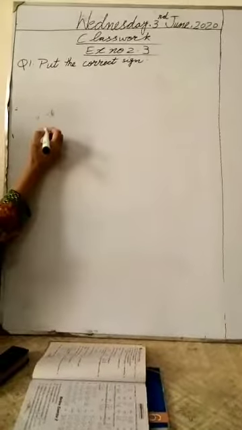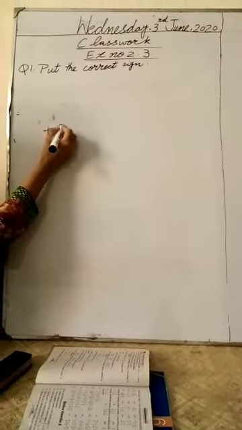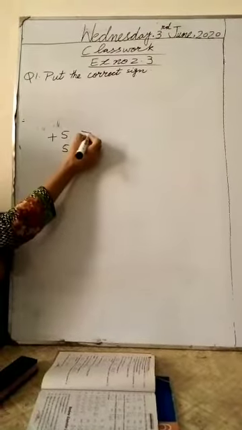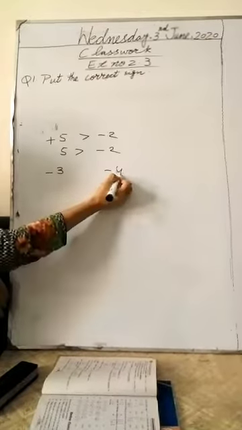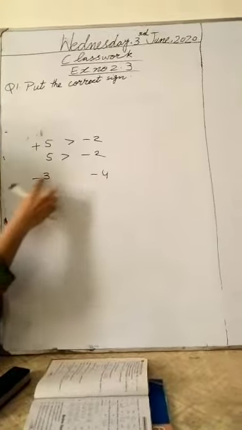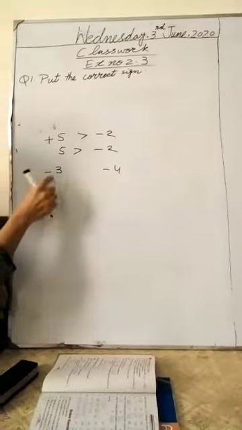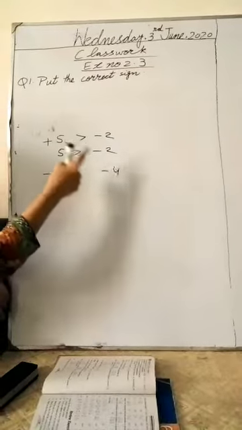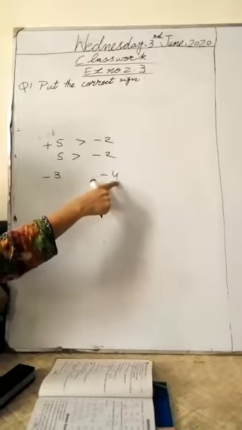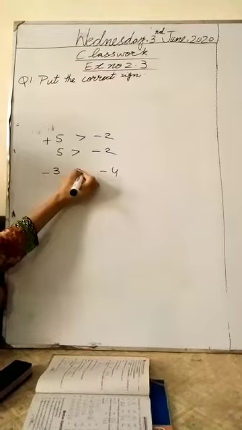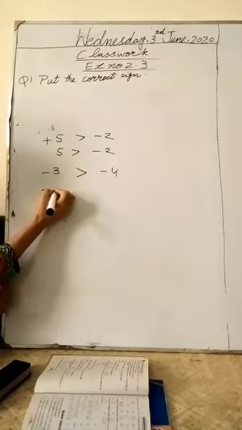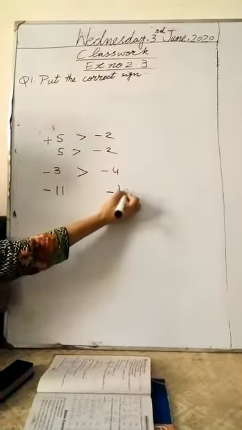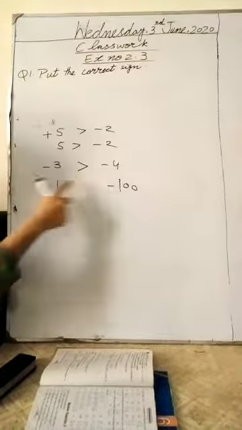Now I am explaining the concept. Plus 5 or single 5 is always greater than minus 2. But when we have minus 3 and minus 4, both with minus signs, the small value is always greater than the bigger value. So minus 3 is greater between these two. If we have minus 11 and minus 100, 100 is bigger than 11.